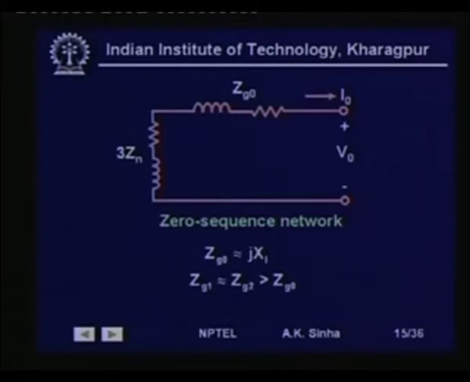So, 8% to 12 to 14% is the value where the positive and negative sequence reactances will have, and Zg0, which is just the leakage reactance, will be of the order of 5 to 7%. So, 0.05 to 0.07 per unit. So, these are some of the typical values. It depends from machine to machine, these values may vary.